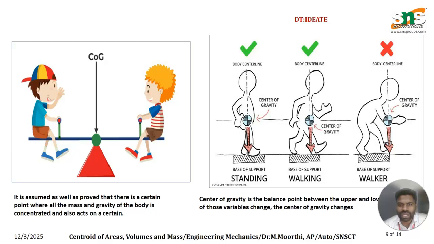In the third one, the body is not on the center line, and the base of support is not fixed, so the center of gravity is the balance point between the upper and lower body. If either of those variables changes, the center of gravity will vary. So this is the concept of the center of gravity.